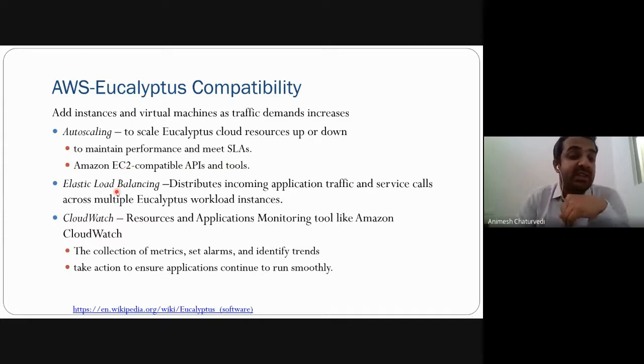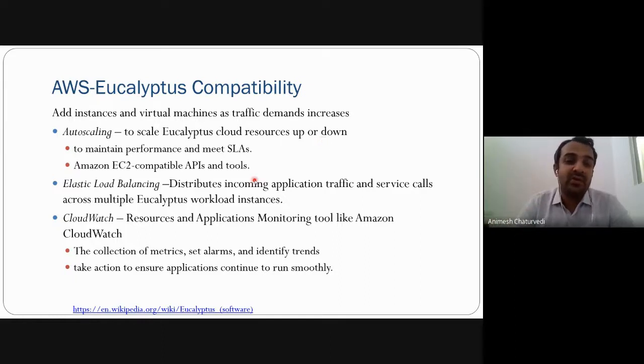Then there is elastic load balancing, for when the amount of traffic suddenly increases. That's how Eucalyptus comes to know that elasticity is required for doing resource up and resource down, meaning whether more resources are required in Amazon or not.